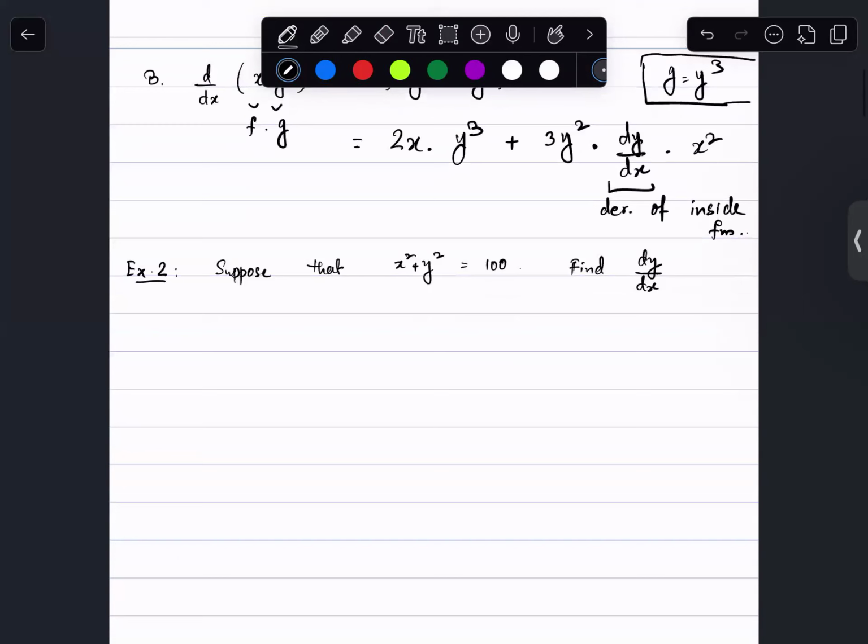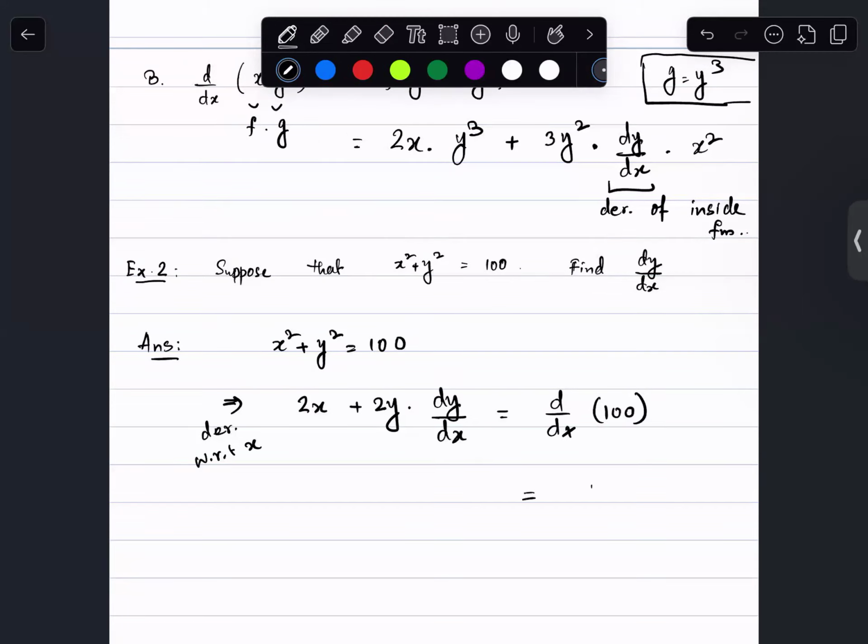Now, if I have a very simple implicit form, can I find dy over dx? For that, I had this equation, and if I take the derivative with respect to x, then I get 2x plus 2y times dy over dx, by the same logic. And on the right hand side, if I do d/dx of 100, I should get 0 because the derivative of a constant is 0.